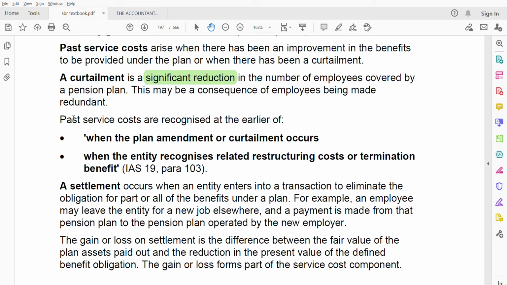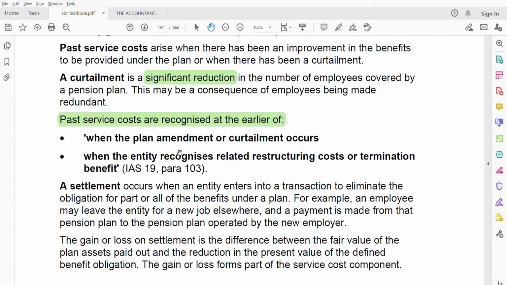Current service cost is easy, it is in the profit and loss account as an expense. But past service cost is recognized at the earlier of two dates. What are they? When the plan amendment or curtailment occurs, amendment meaning you are changing the plan, improving it, paying more employees, or paying less, which is known as curtailment.